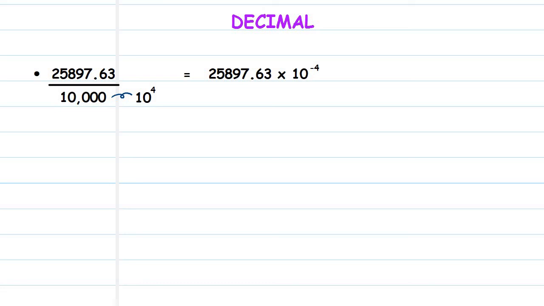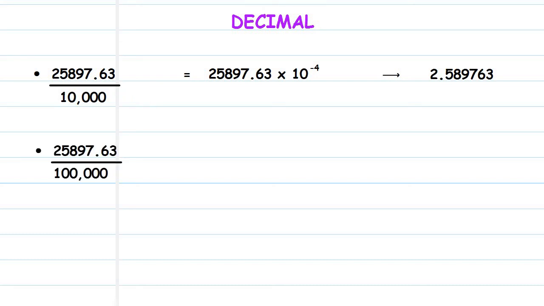This time we divide the decimal number by 10,000, which has 4 zeros. So we can move the decimal point to the left 4 times. And the result is gonna be 2.589763.